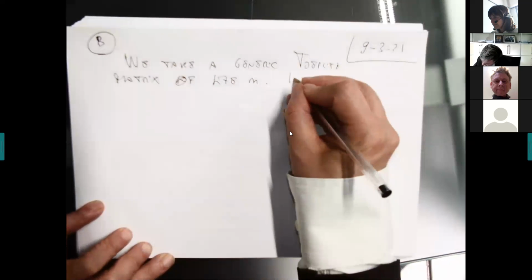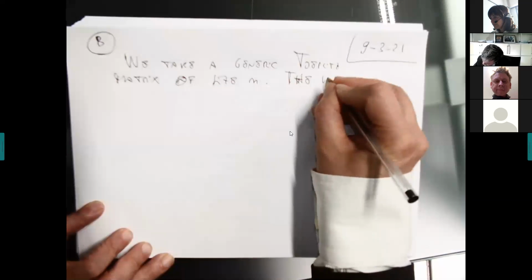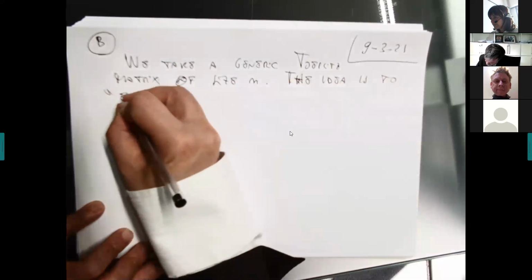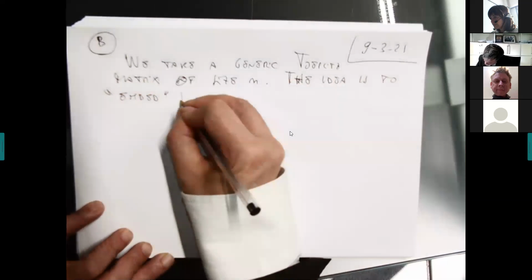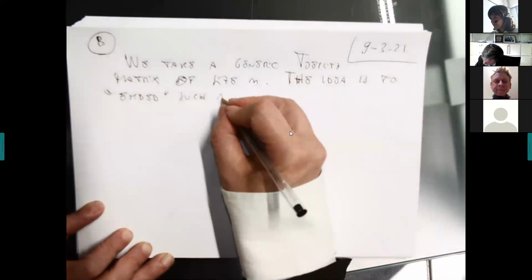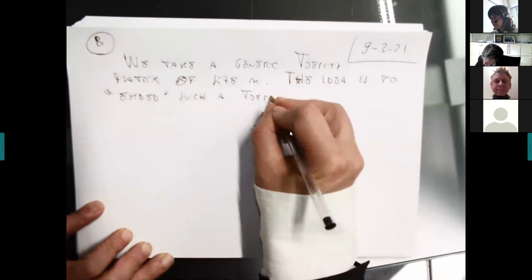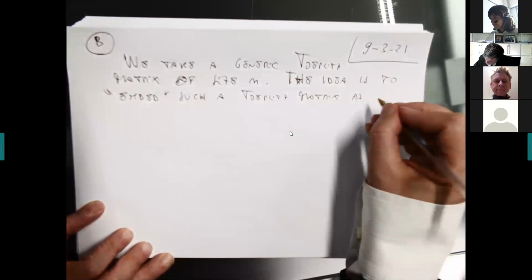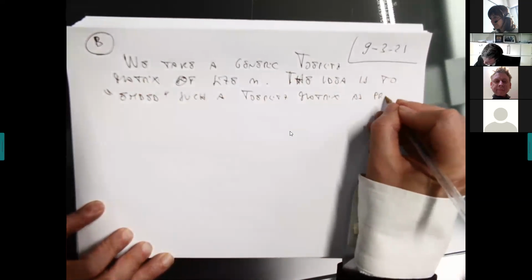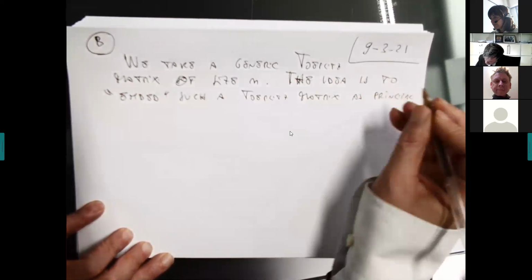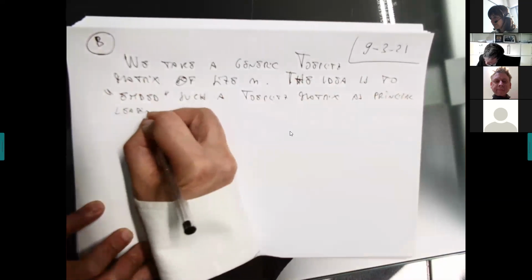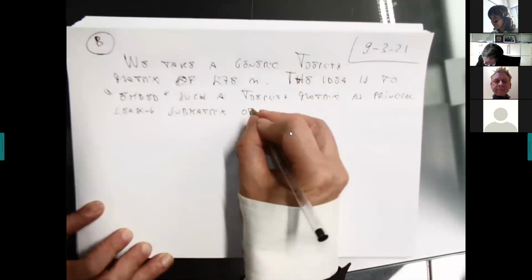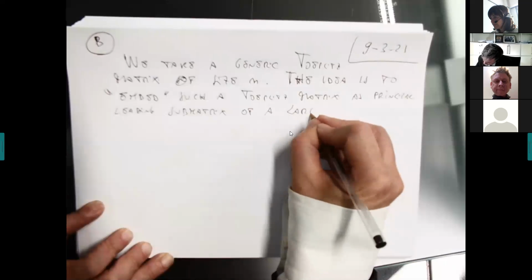The idea is to embed such a Toeplitz matrix as a leading principal submatrix of a larger circulant.